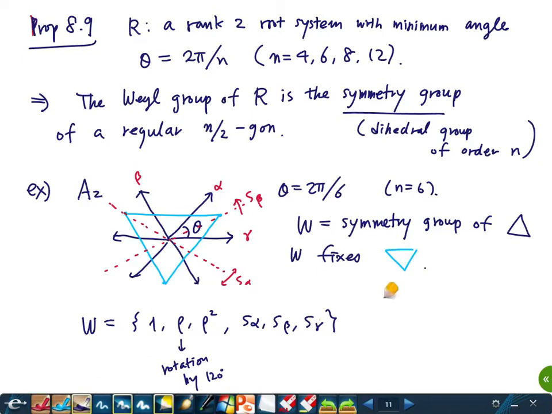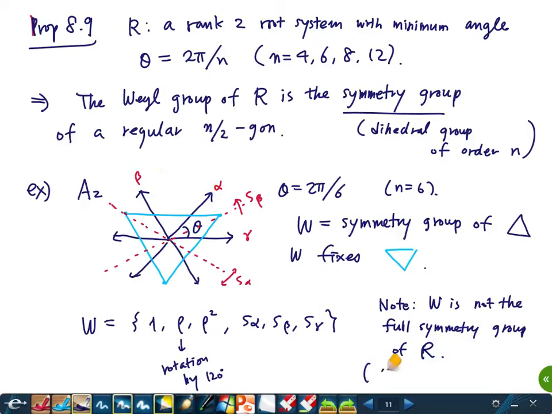And note that W is not the full symmetry group of R. Of course, it is a symmetry group of R, but it's a subset of the full symmetry group because, for instance, we cannot get a 60-degree rotation.